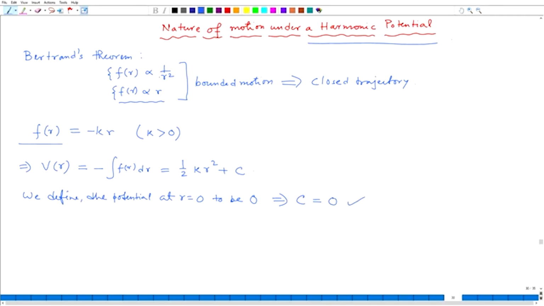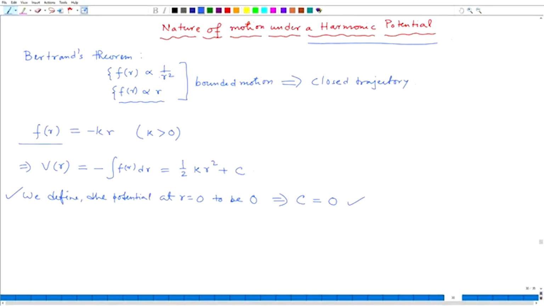Remember, this is different from an inverse square force law, where we say that potential is 0 when r is infinity.